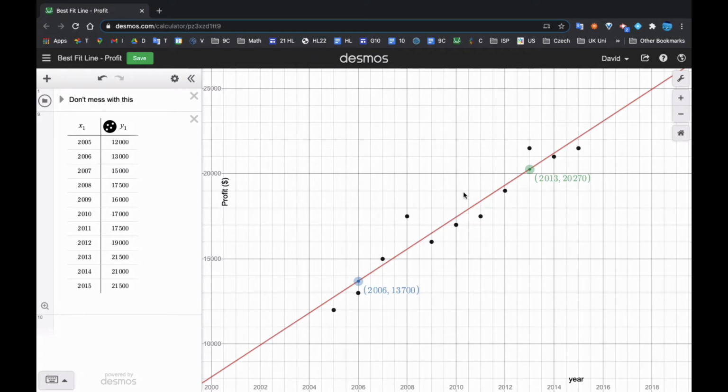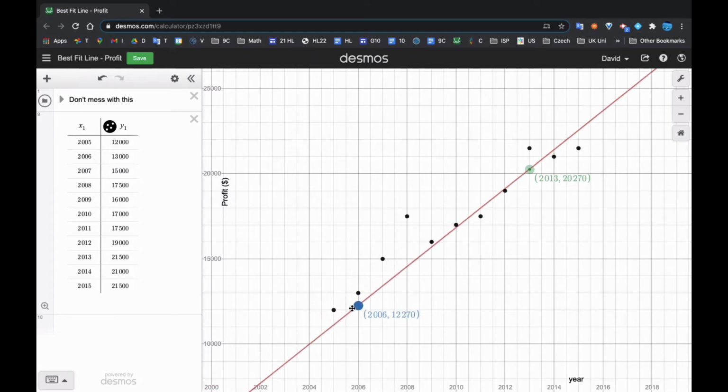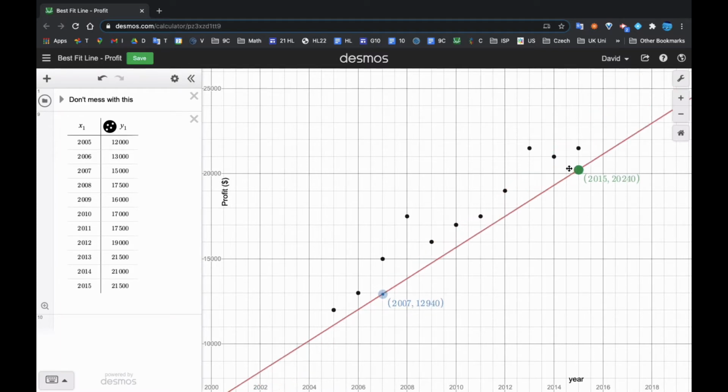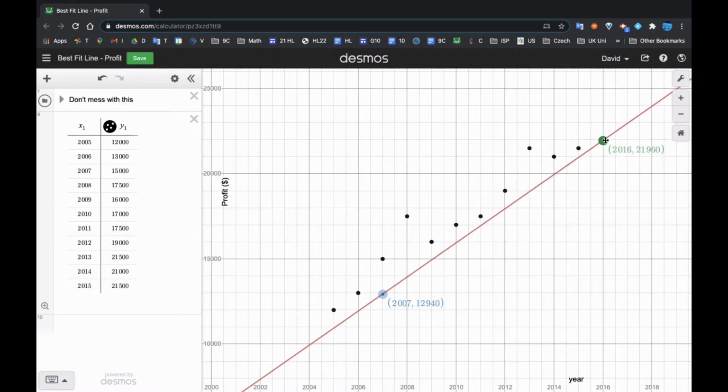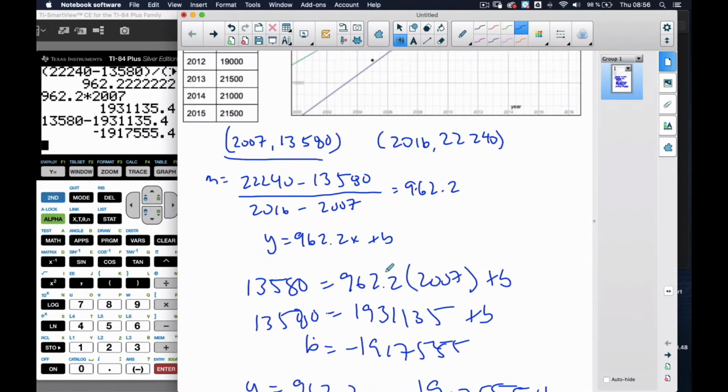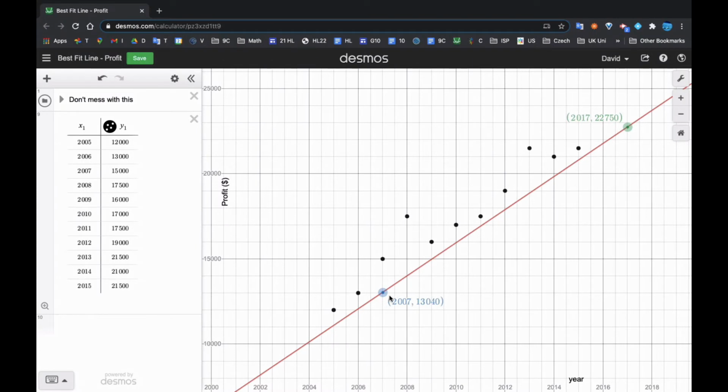My points are a little bit different, so if I find my point for 2007, it was going to be around 2017, somewhere about here. So I get 13580, a little bit higher, approximately there.